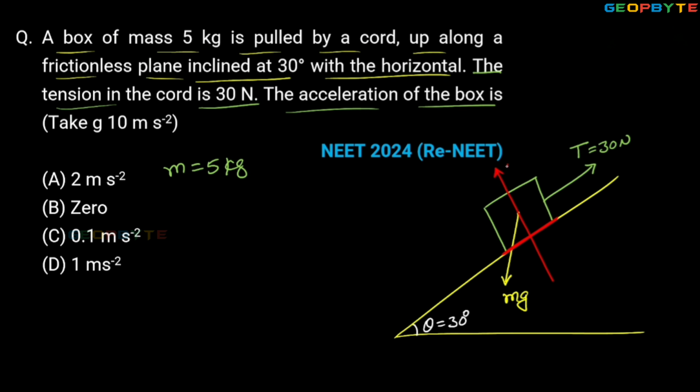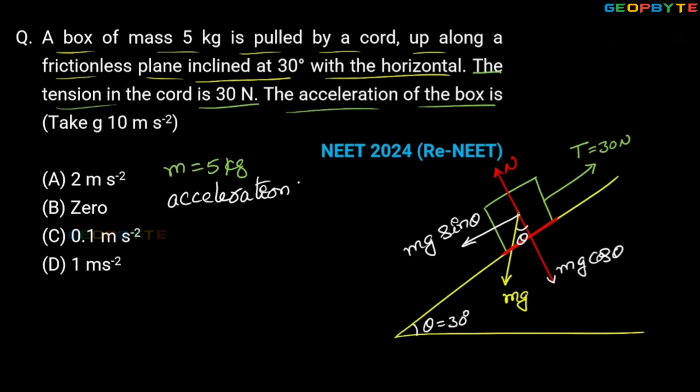So this is the normal reaction denoted with N. Since mg is acting at an angle theta with the normal reaction line, developing two components of weight, mg cos theta and this is mg sin theta. We are asked to decide what is the acceleration A.